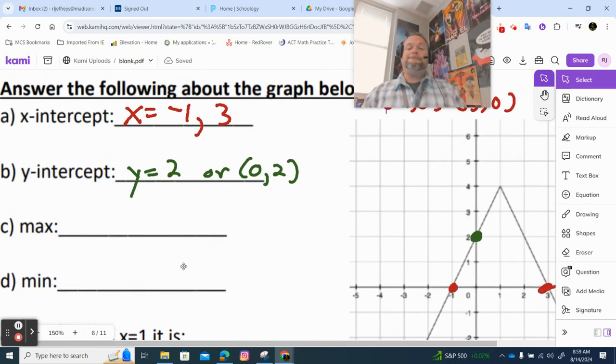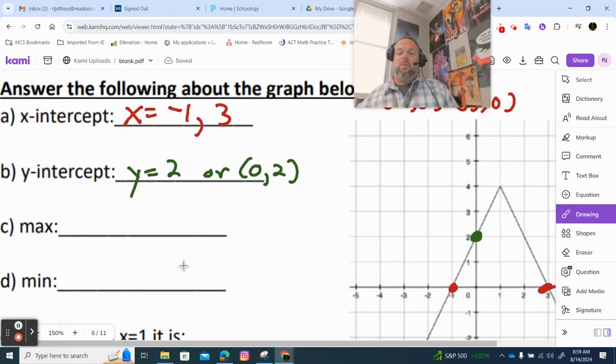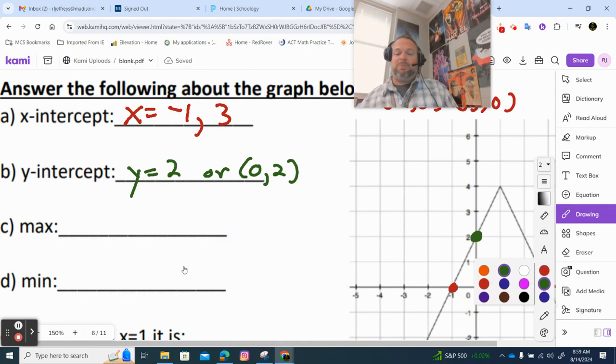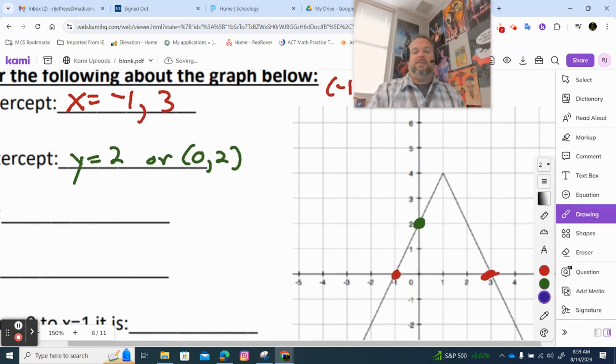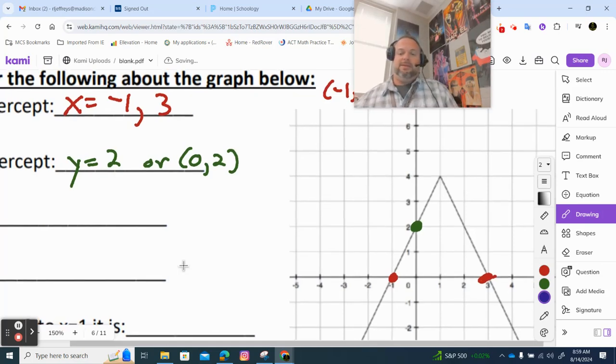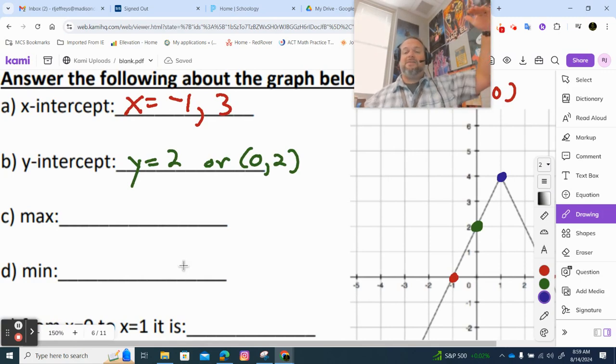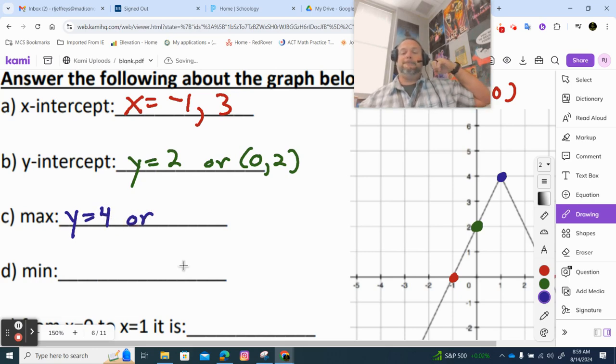Okay, Max. What is the highest point on this graph? Okay, so the highest y value we could say is y equals 4. And what's another way to say that? What's the coordinate point? 1, 4.